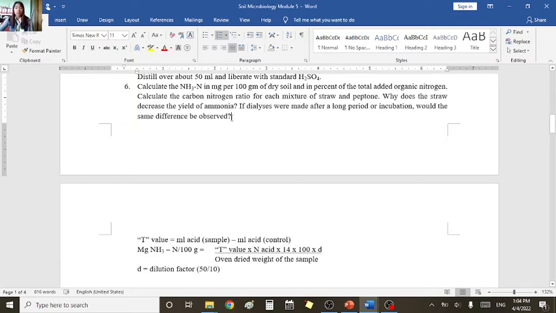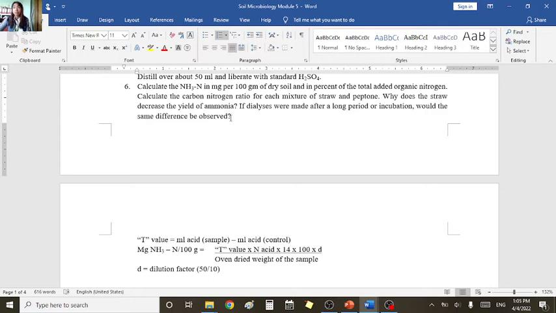Okay? So, if dialysis were made after a long period of incubation, would the same difference be observed? So, ano ba yung dialysis na yun? It is like dun sa ginagawa din sa hospital, no? So, this is a process of separating molecules in solution by the difference in the rates of diffusion through a semi-permeable membrane. So, it is to remove the salt concentration from a solution.